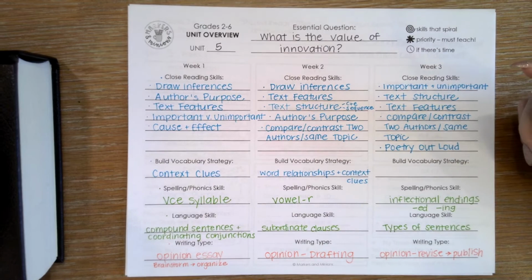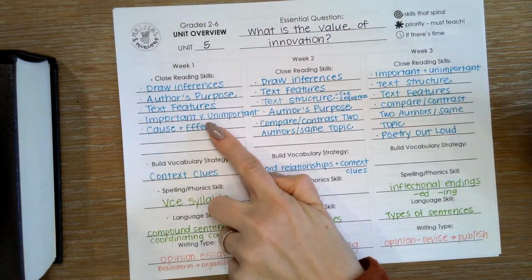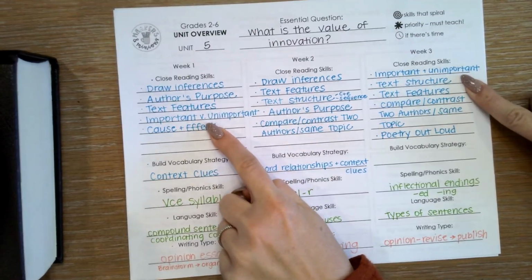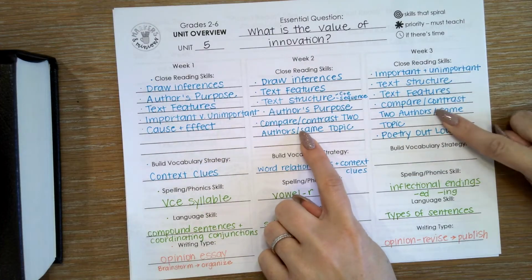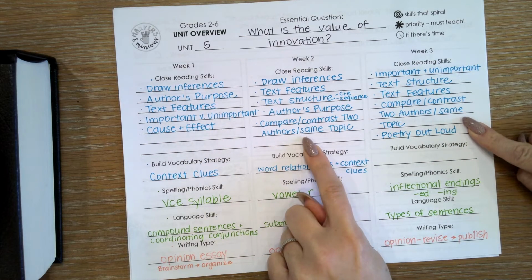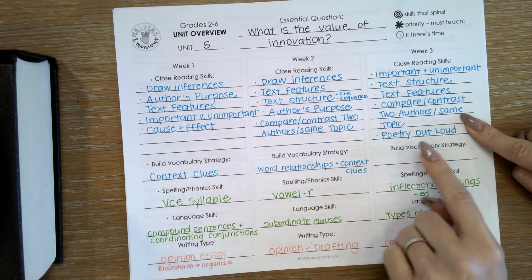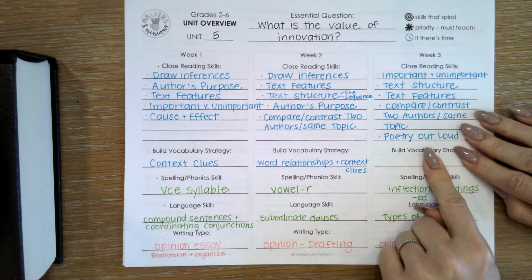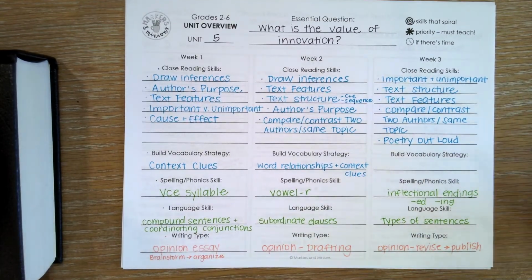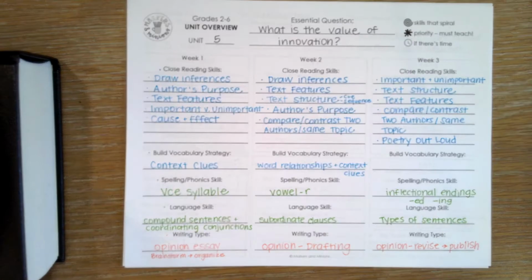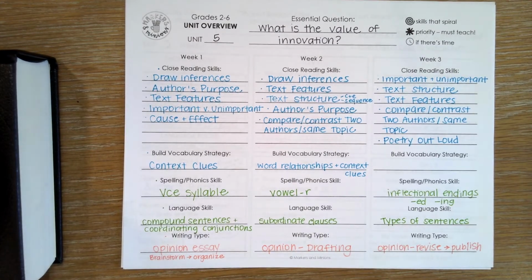Okay. And then finally we have important and unimportant information, weeks 1 and 3. And then here we have compare and contrast 2 authors with the same topic, 2 and 3. And then on week 3 in the Florida edition, you've got the poetry out loud. So that's a really great addition to the program.